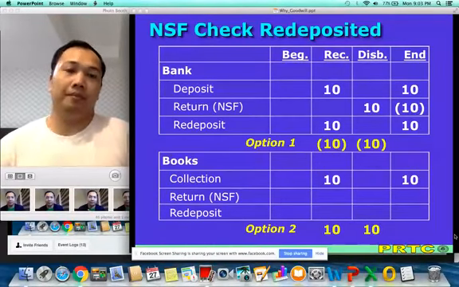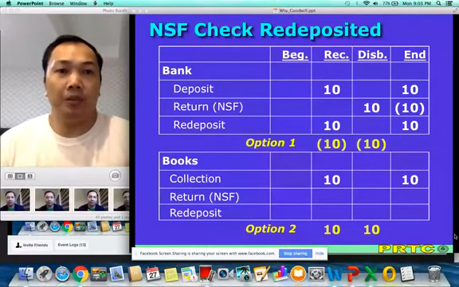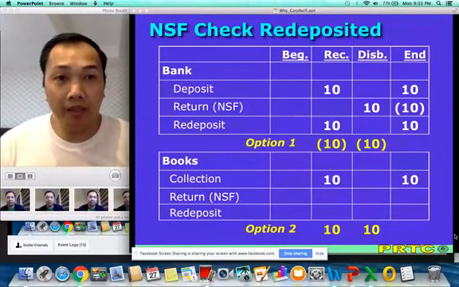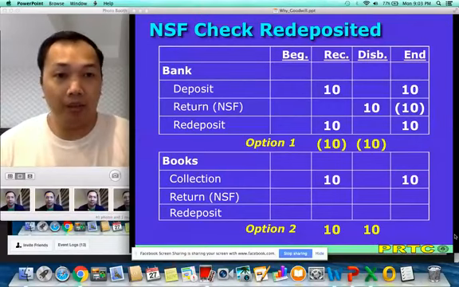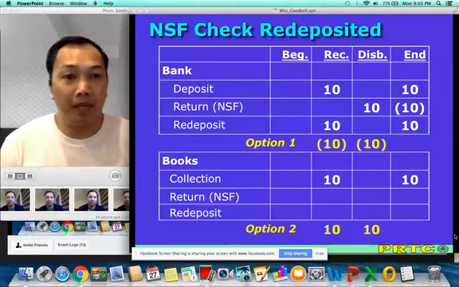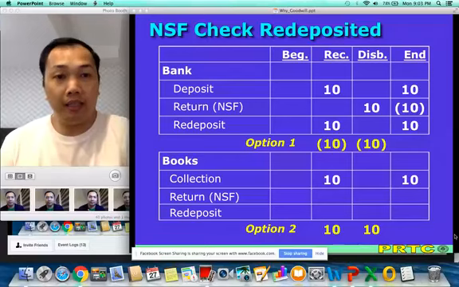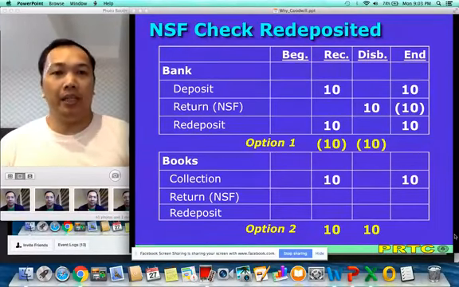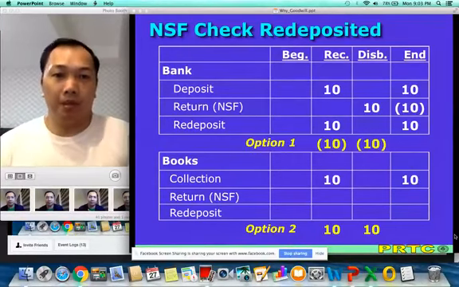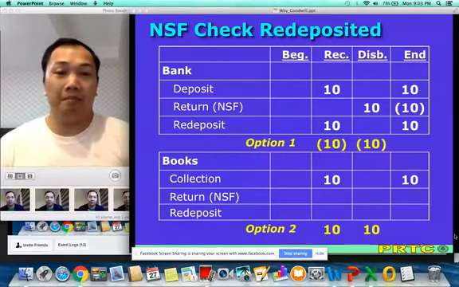Reconcile. And don't forget the purpose of bank recon, that is to explain why is the bank different from the books. So either way, whether we deduct from the bank or we add to books, ma-explain natin bakit magkaiba yung bank sa books. Either is acceptable. Kaya lang, dahil parehong acceptable yan, it is a matter of preference.